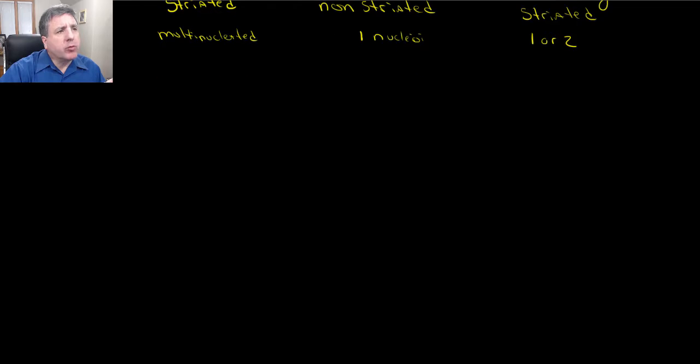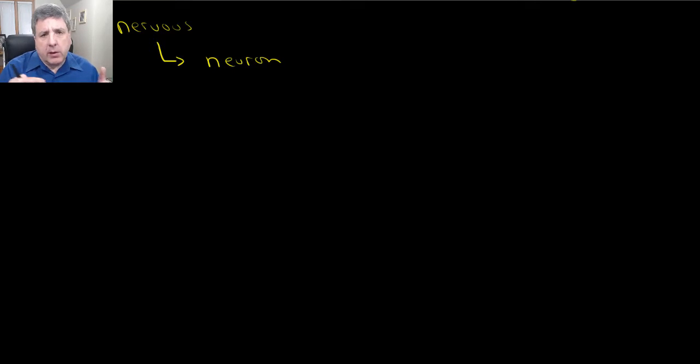So let's just really quick look at the nervous tissue. And nervous tissue comes in two flavors. There's the neuron. This is the functional component of the nervous system. This is what the nerve impulse is going to travel down or travel through, and that's going to be the neuron.